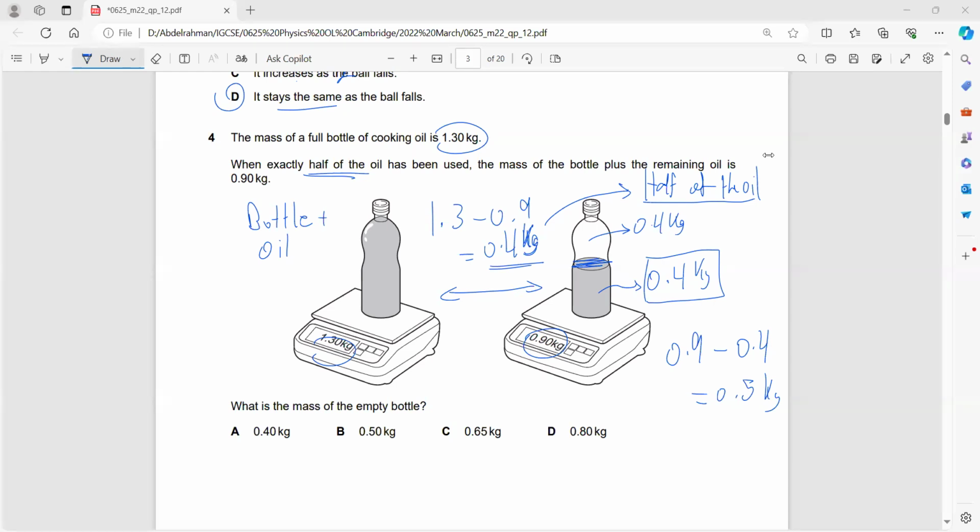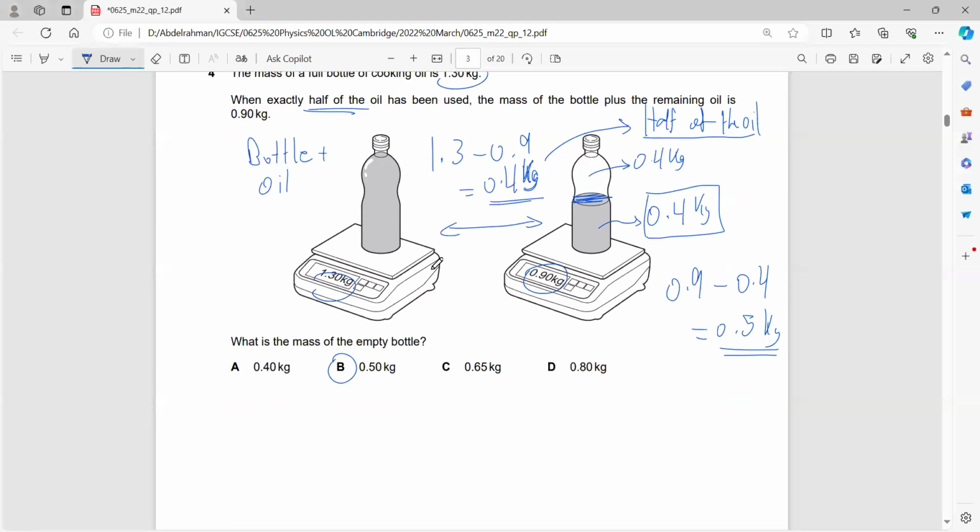If you remove the remaining 0.4 kilograms, you'd have 0.5 kilograms, which is the mass of the empty bottle. Okay? Mass of the empty bottle. I hope it's clear by now.